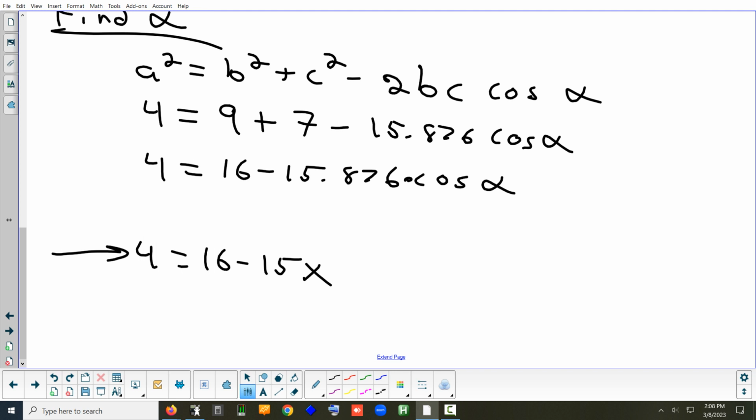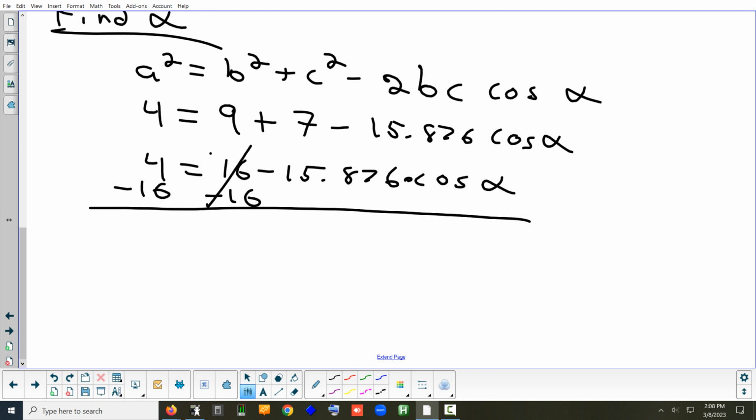You cannot do 16 minus 15. Those aren't like terms. Same thing here. That 15 is being multiplied by something. You can't combine those because they're not like terms. So bring the 16 to the other side. That's gone. And what's 4 minus 16?